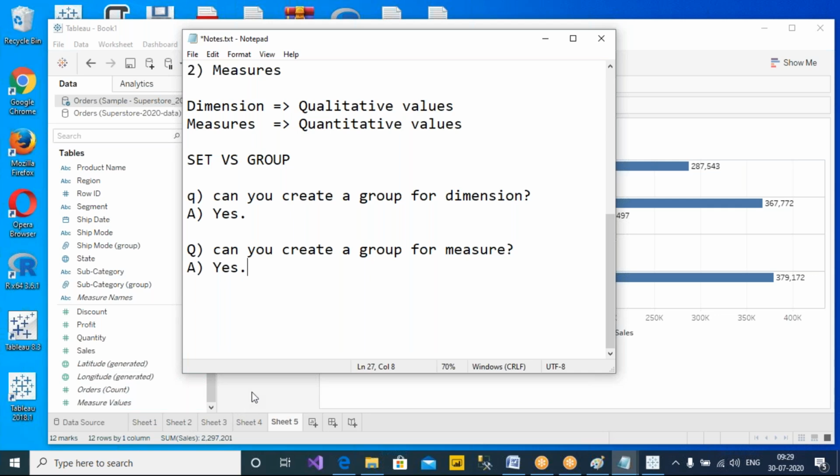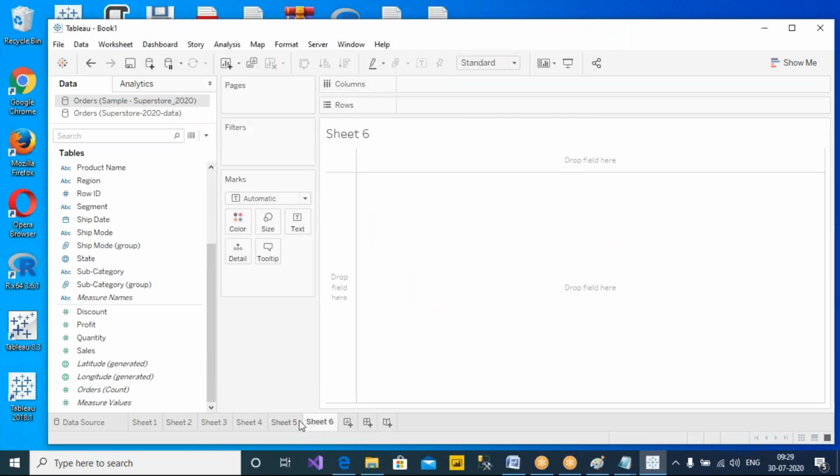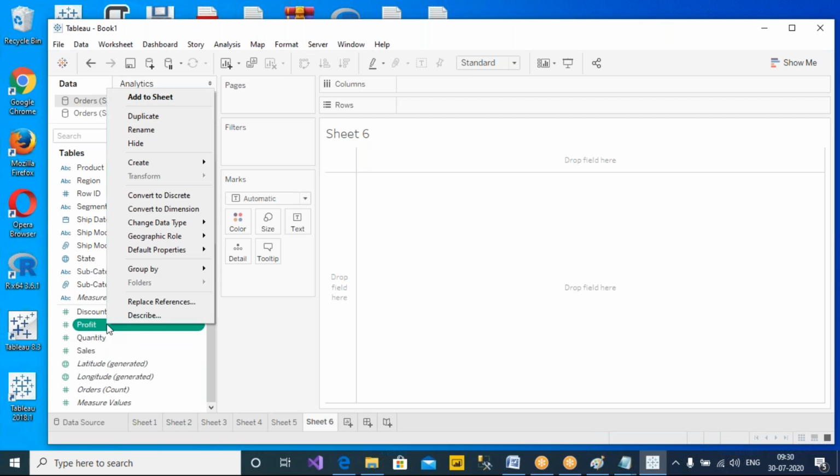So how do we make use of it? Observe here. What analysis can we do by creating a group here? Let's right click on any of the measures. I would take profit here and then create a group.